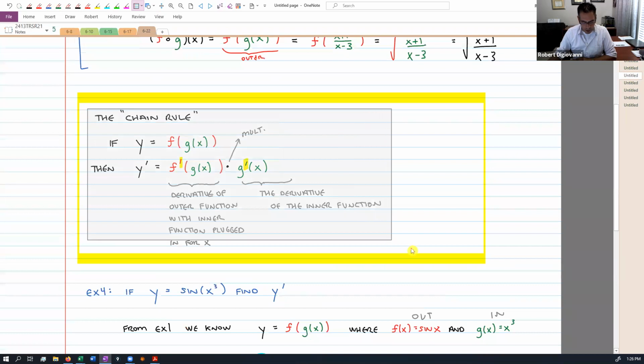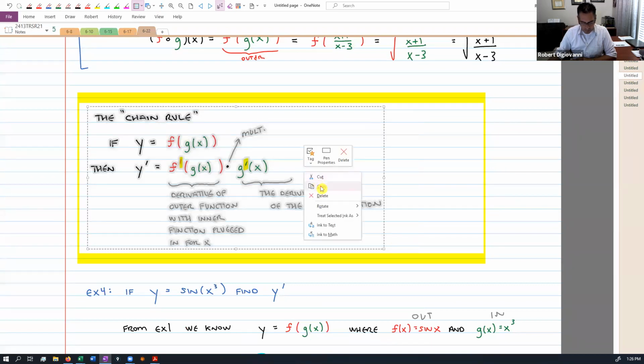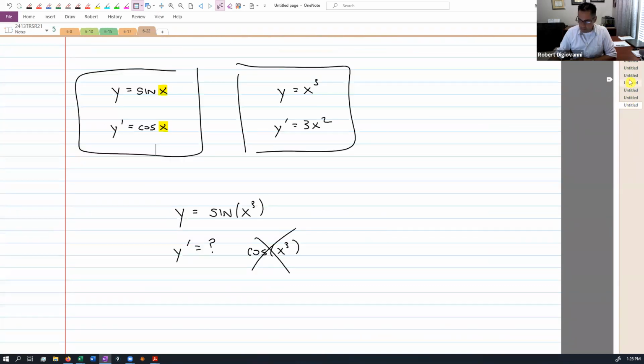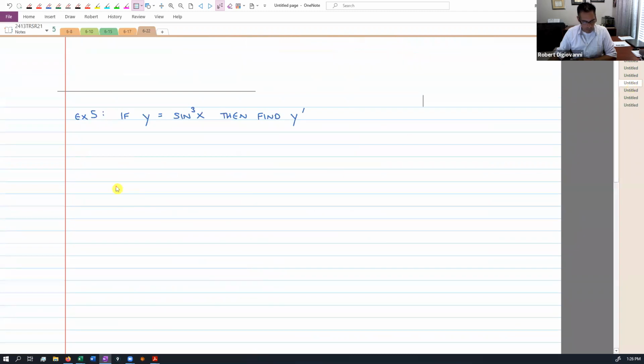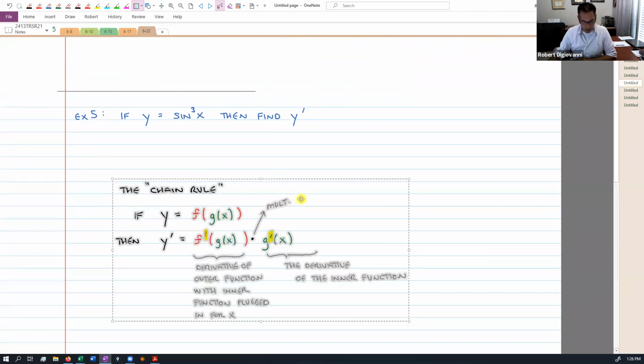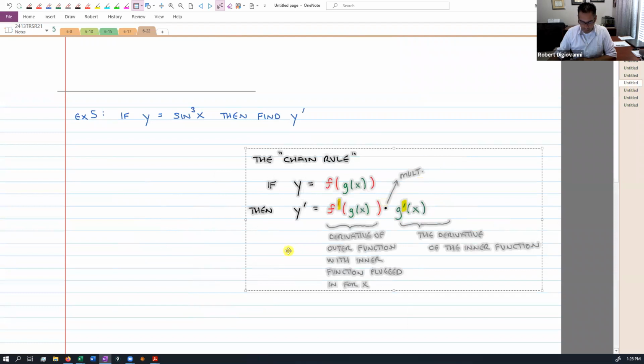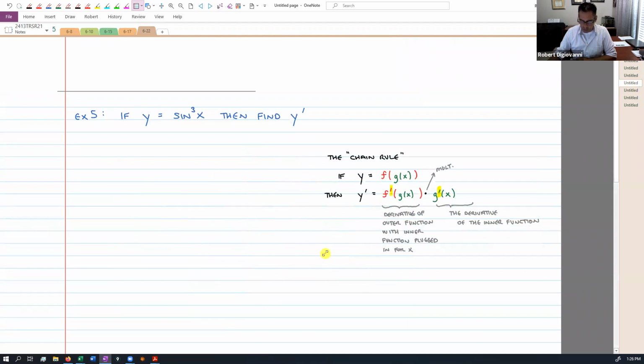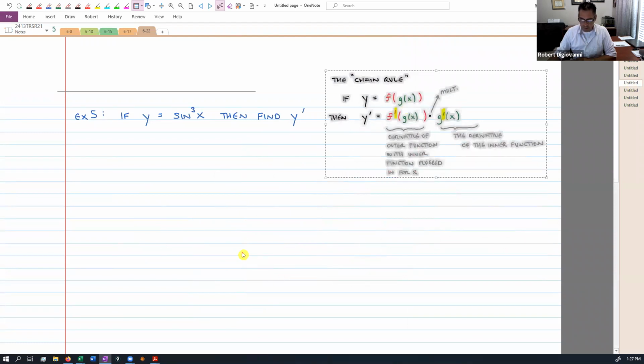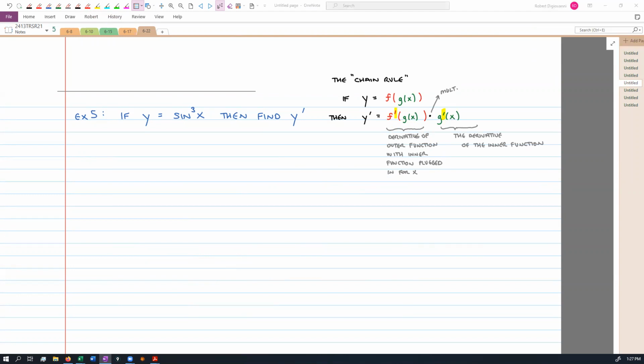I'll copy it and bring it over here so you can see it. Okay, take a minute to see if you can do this. Break down the given curve into two functions, and then try and apply the formula. I'll give you a minute and a half. Then we'll call on somebody.